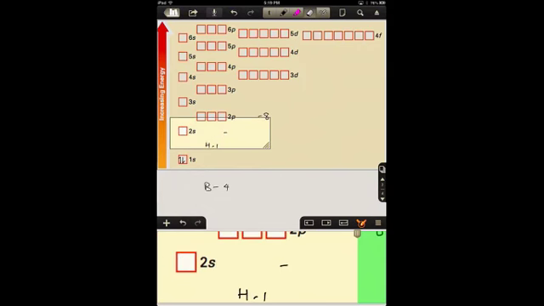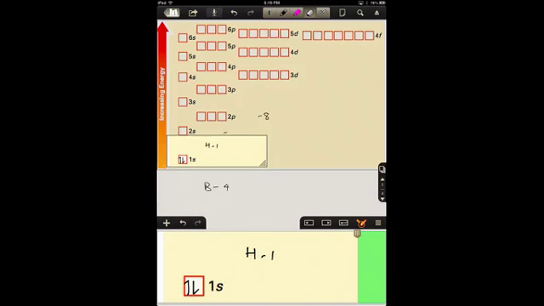So I've got hydrogen, okay. He's got 1 electron. It's going to go right there. So this is what we're going to say. Look, we've got the first level, 1, the first sublevel, S, and we've got 1 electron, and we put a little superscript. So we would write hydrogen as 1s1.